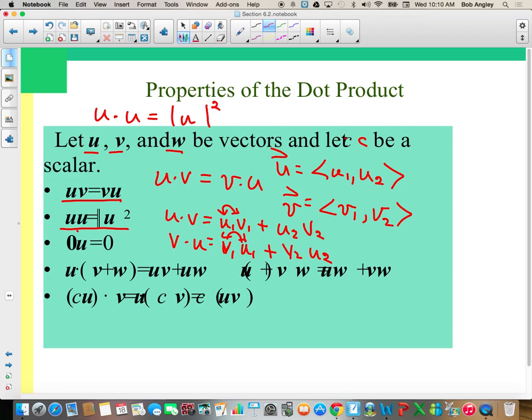Remember that the length of U, if U is U1, U2, would be the square root of U sub 1 squared plus U sub 2 squared. So that's what the length would be.